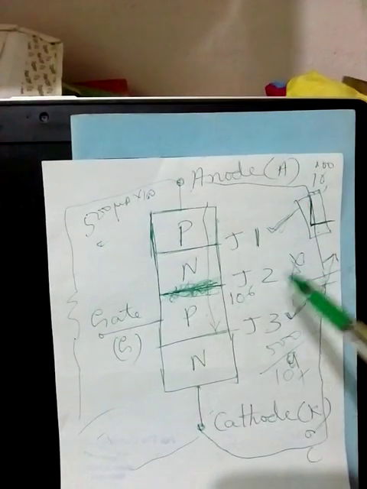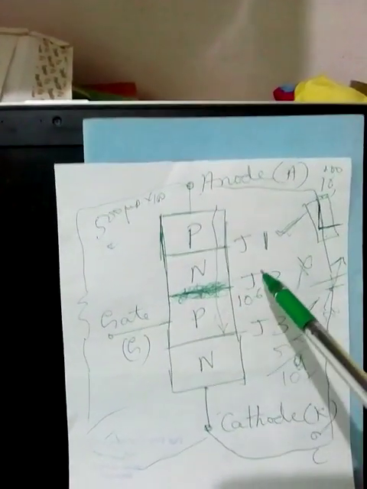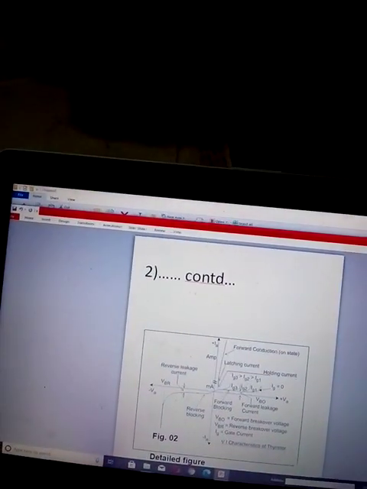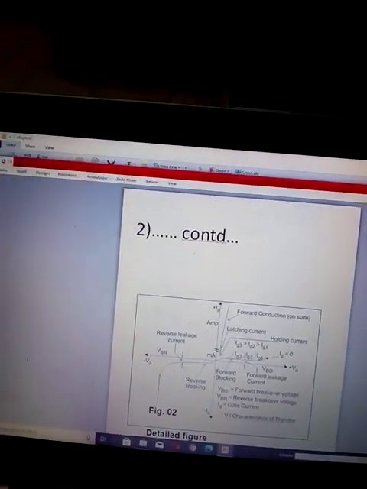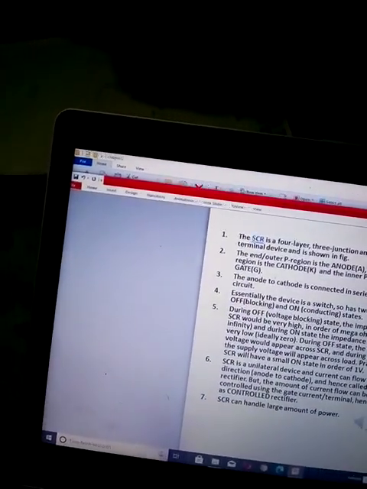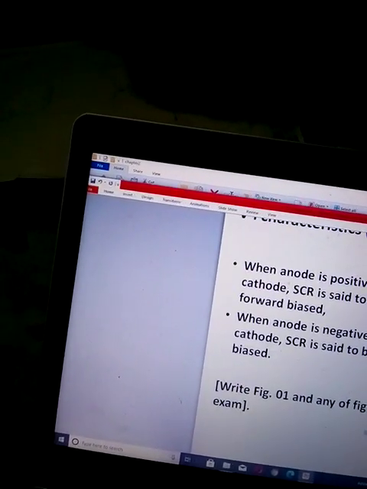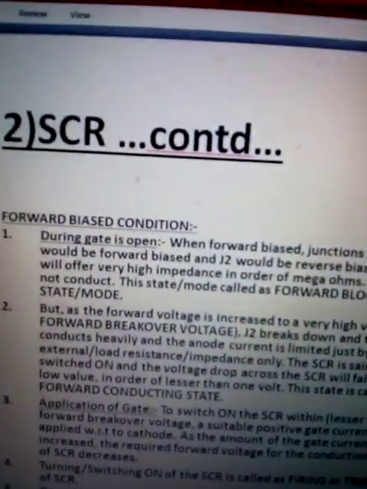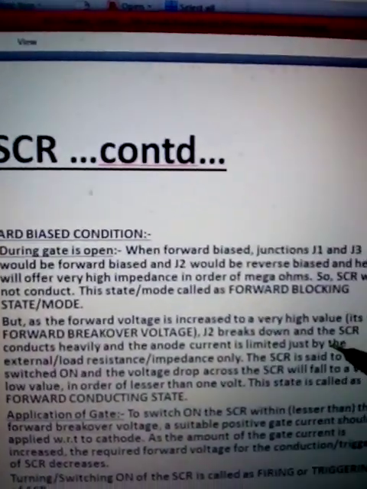As you go on increasing this, when the limit is reached, that limit is called forward breakdown voltage. When that limit is reached, SCR conducts heavily and the voltage across SCR becomes lesser than 1 volt. This is called forward conduction state.